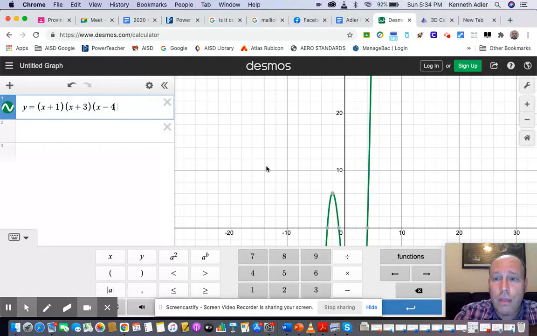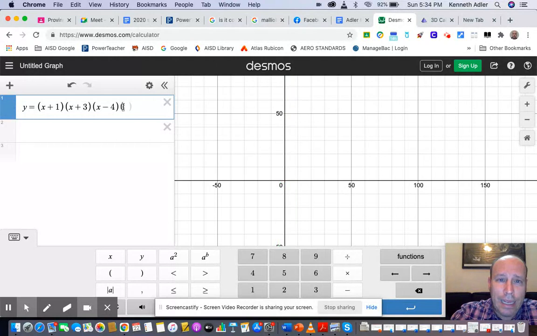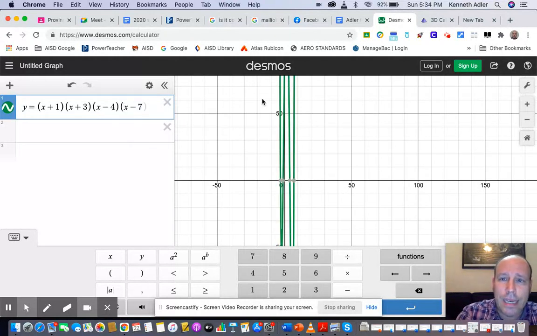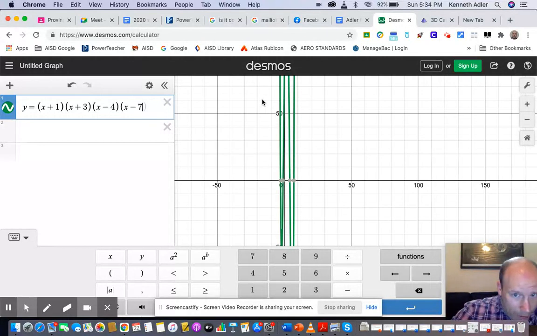Once again, there's no restrictions on the x. I can keep adding terms, like minus 7. The idea is there's no restrictions on this. So for all polynomials, the domain is reals, unless I restrict the domain, like from 1 to 7. In general, the domain is all real numbers for polynomials.